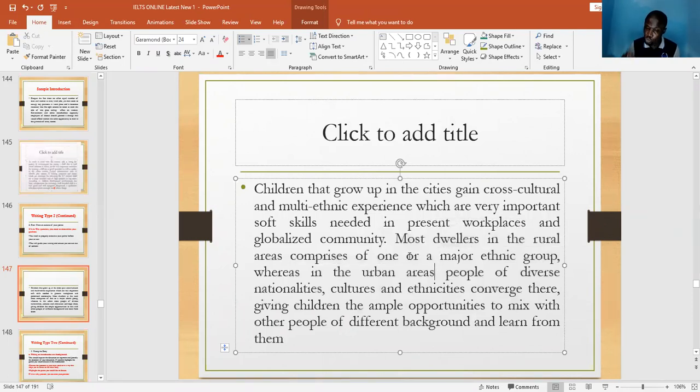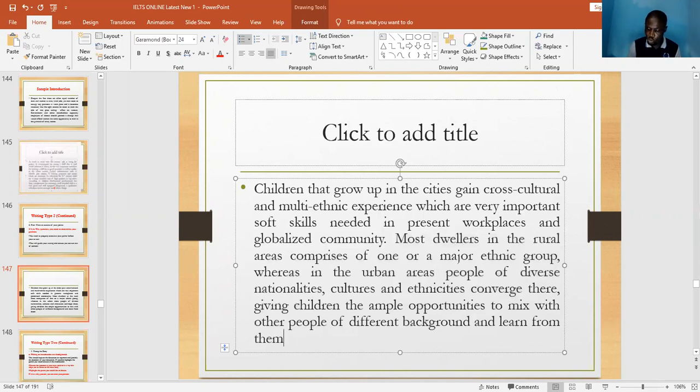Most dwellers in the rural areas comprise one major ethnic group, whereas in the urban areas, people of diverse nationalities, cultures, and ethnicities converge there, giving children the ample opportunity to mix with other people of different backgrounds and learn from them.